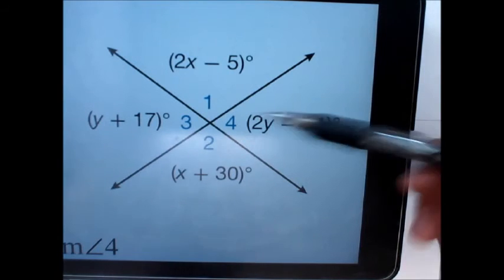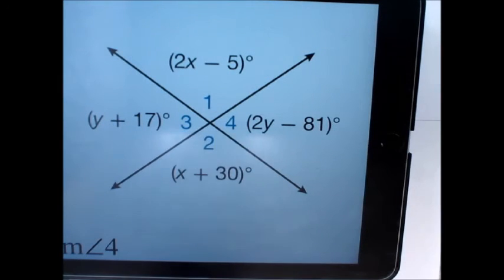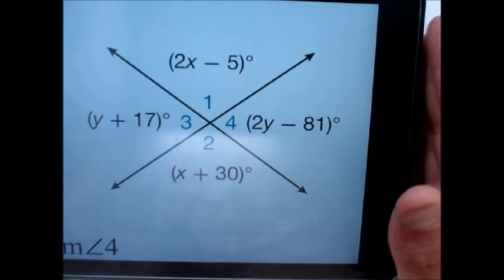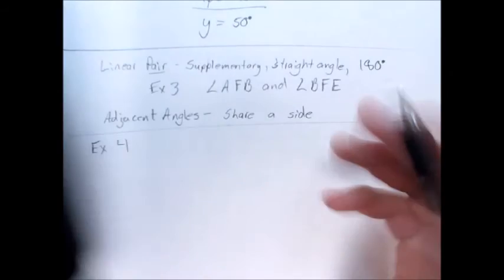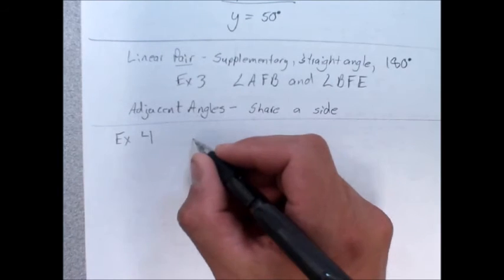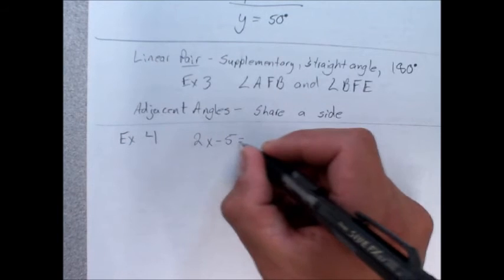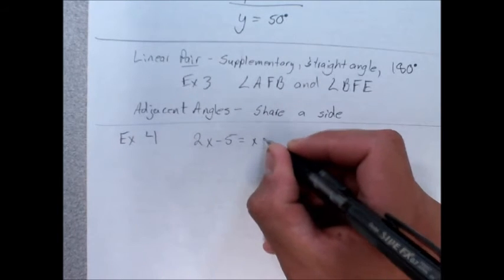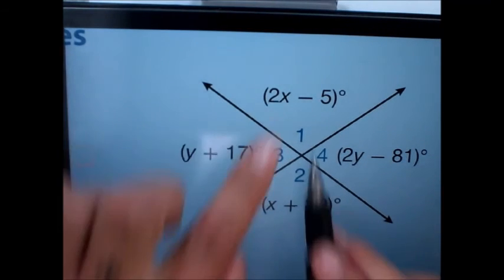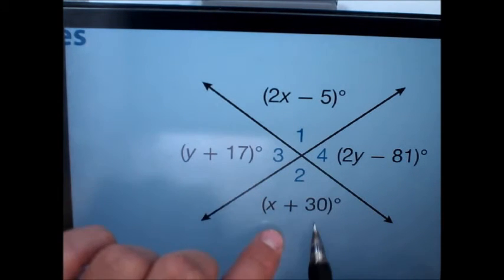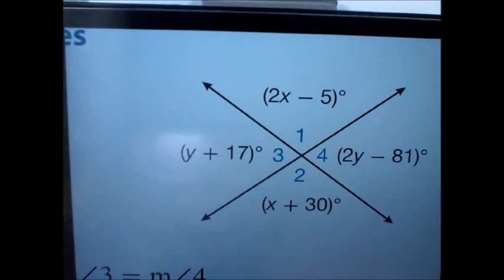So, I know that 1 and 2 are going to be congruent, which in other words means equal, right? If I say two things are going to be equal, then all I need to do is go in here and write them down as equal. So 2x minus 5, which was angle 1, will be equal to x plus 30, which was angle 2. So I just set 2x minus 5 equal to x plus 30 because they're vertical. They're on top of each other and they are congruent.